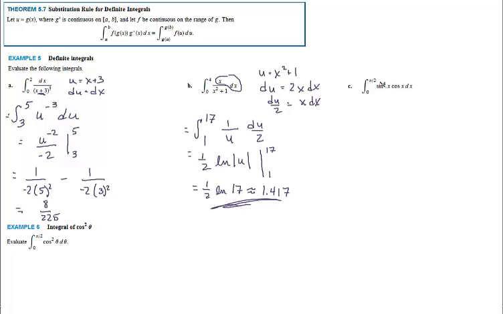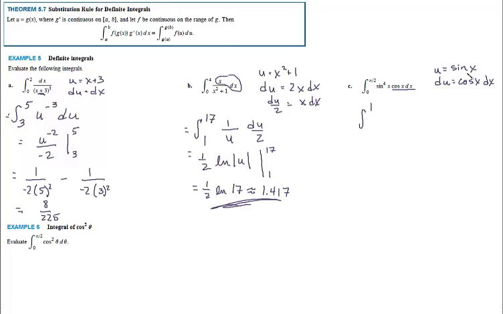Next, I want this to be u to the 4th, so I'm going to have u equals sine x. That way du equals cosine x dx. And I'm sitting there with a cosine x dx, pretty as you please. My limits of integration, when x is pi over 2, that's a 1.